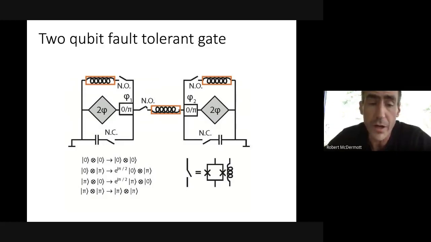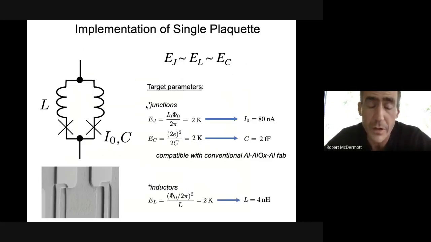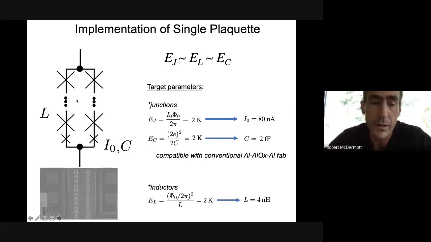Okay, so let's switch gears a little bit and talk about implementation of this type of qubit. The key thing is a plaquette that involves Josephson energy, inductive energy, and charging energy of the junction that are roughly matched. We can implement this type of plaquette using either kinetic inductors for these inductive elements within the plaquette, or we can use Josephson junction arrays, small arrays involving about 10 junctions or so.